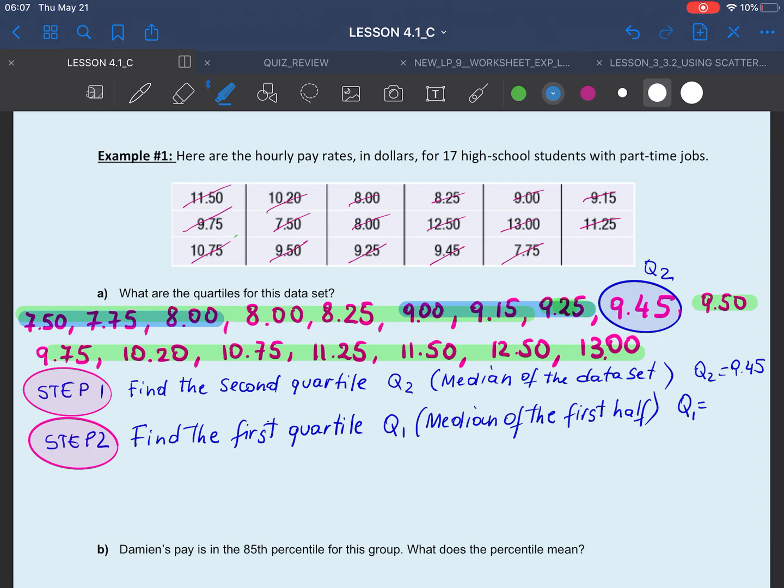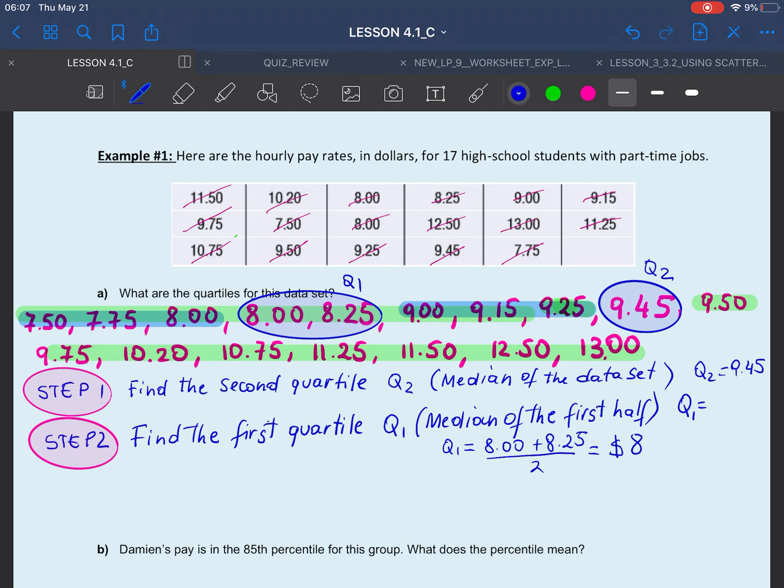Which means that the first quartile will be the average of these 2 numbers. So that would be our Q1. So Q1 equals 8.00 plus 8.25, divided by 2. And on average, that would be 8.13.